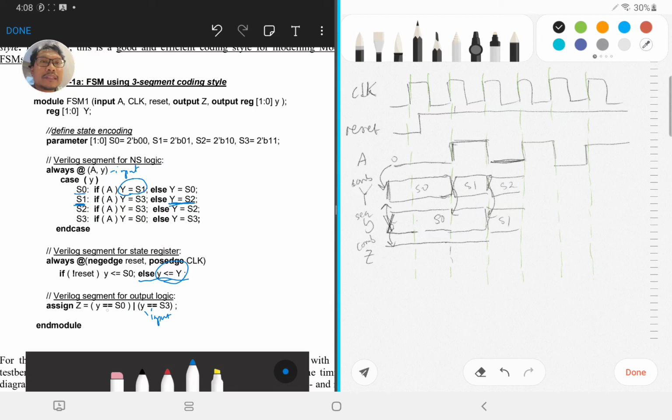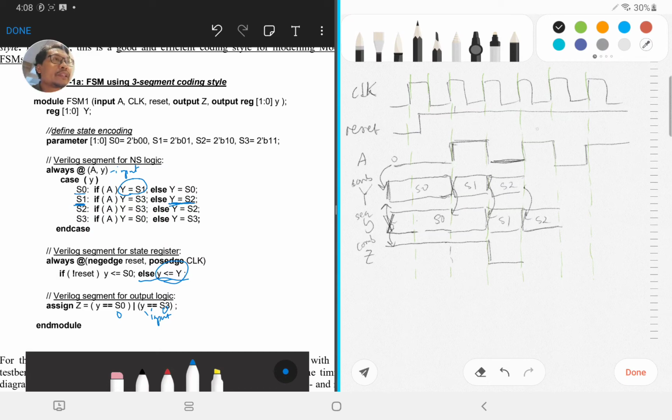So Z, S1, so S0 is 0, S3 is also 0. I mean y is not equals to S0, and y is not equals to S3, therefore Z will go 0. We'll continue with this. Transfer S2.